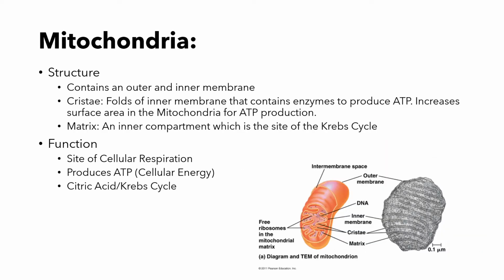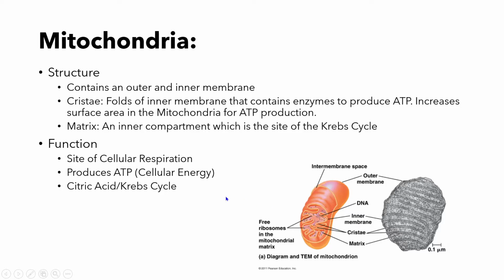Next, we have mitochondria, and we all know mitochondria as the powerhouse of the cell. The reason it has that nickname is because mitochondria creates energy for the cell. It creates ATP. Inside the mitochondria there are two membranes, the outer and inner membrane. The inner membrane has folds in it that increase surface area to create ATP, and inside that inner membrane there's a matrix.